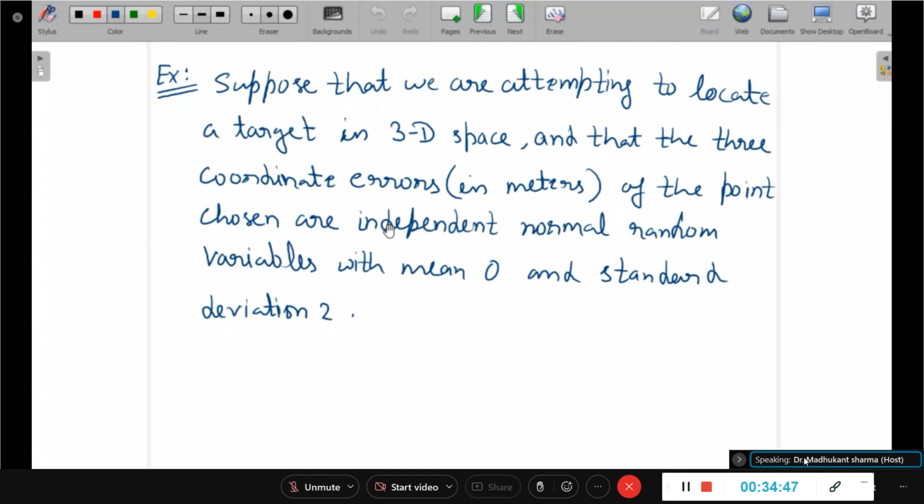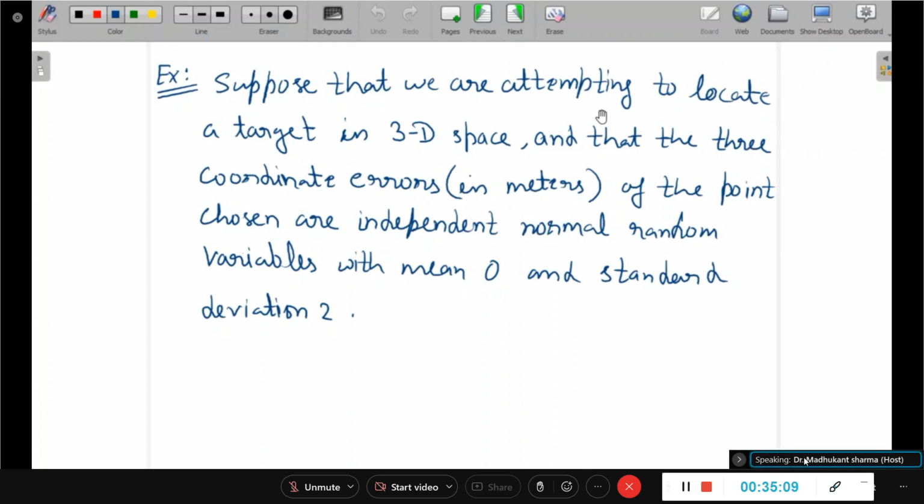If you denote Xi as the error in the ith coordinate, each Xi will follow the normal distribution with mean 0 and standard deviation 2.